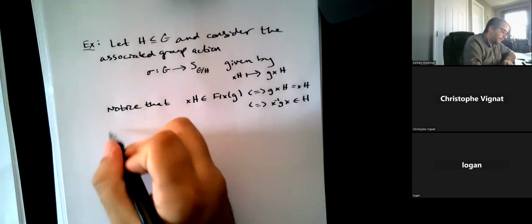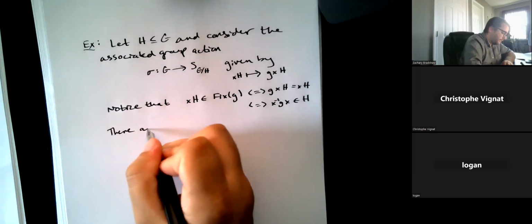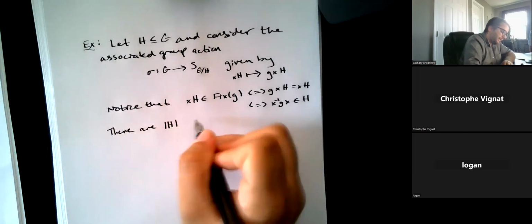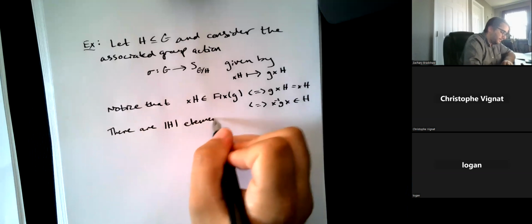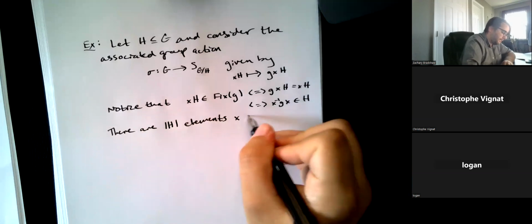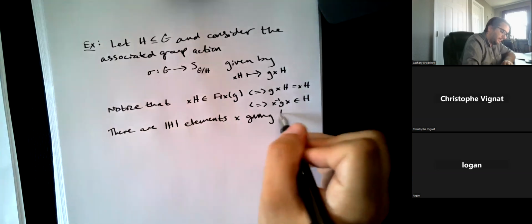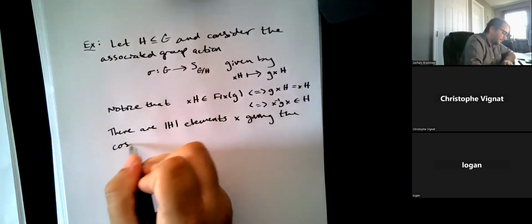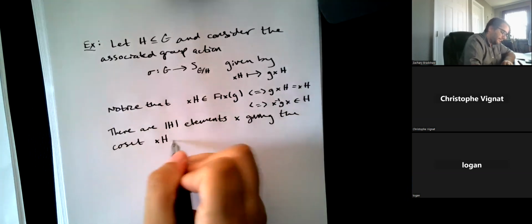Now, there are order of H elements x giving the coset xH.